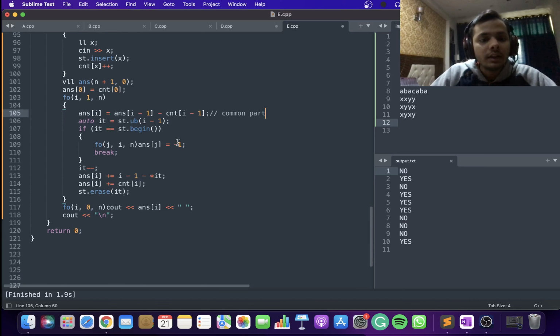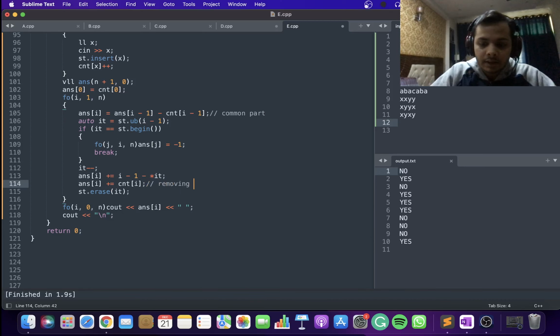And now this is just removing i, and now in the middle I am trying to figure out the number of operations which will be required to make i minus 1, right?